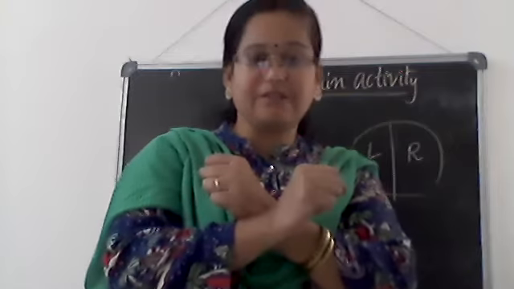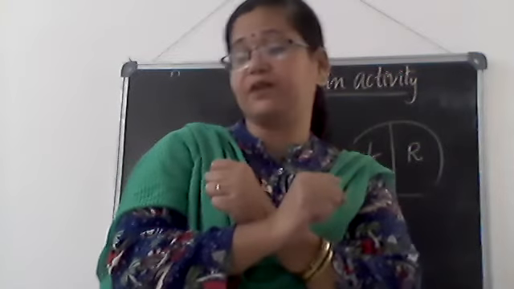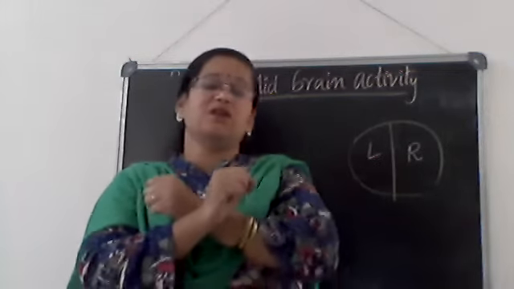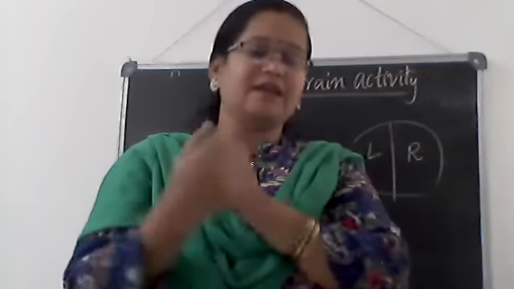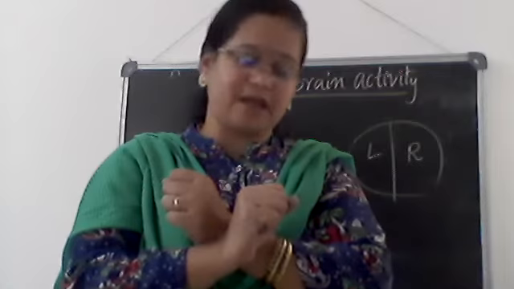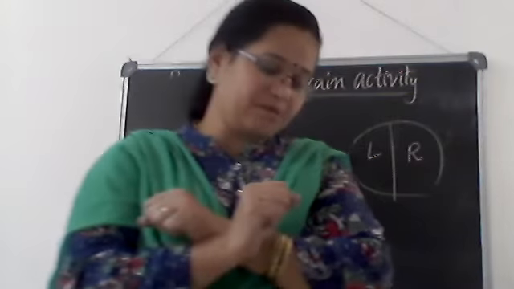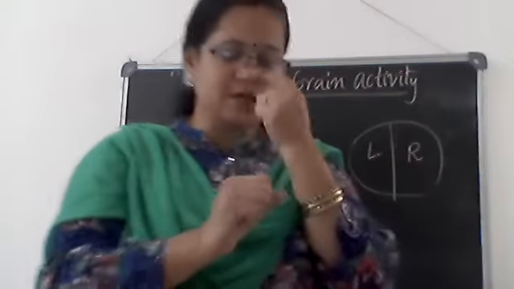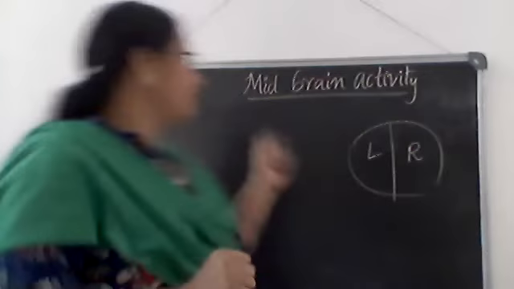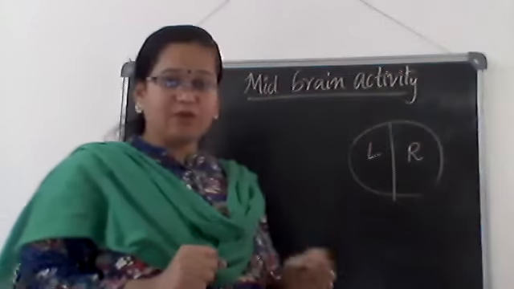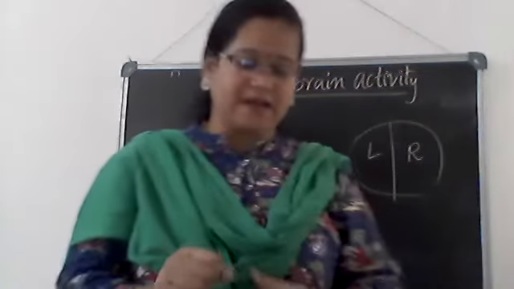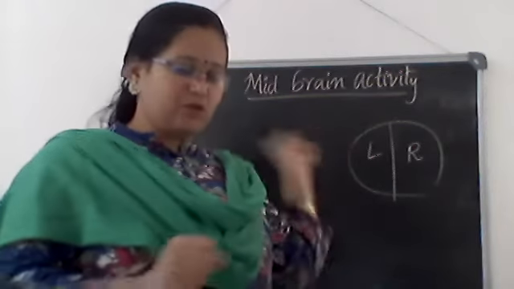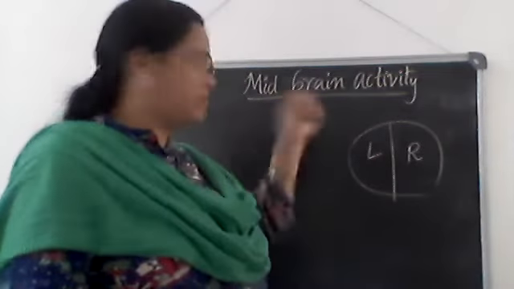When you move your right hand side, the left hemisphere of the brain will be activated. So we want to activate the midbrain. Every time the right brain and left brain will be coordinating among themselves. So we will understand how to do this midbrain activity.